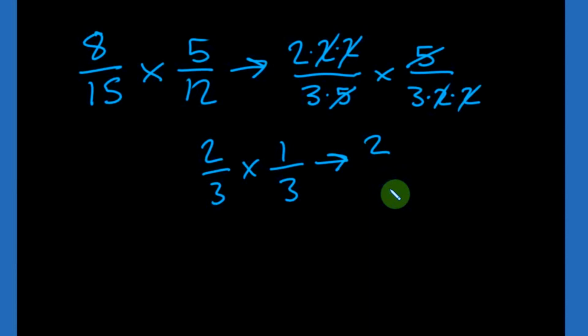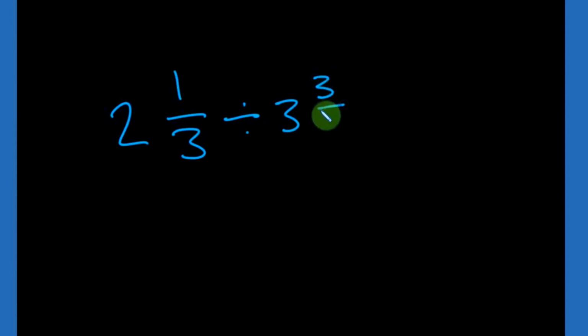Now let's look at division. Let's have 2 and 1/3 divided by 3 and 3/5. Okay, so the first thing you want to do is convert both of these mixed numbers into improper fractions. So we've done this before, you should have the hang of it by now.